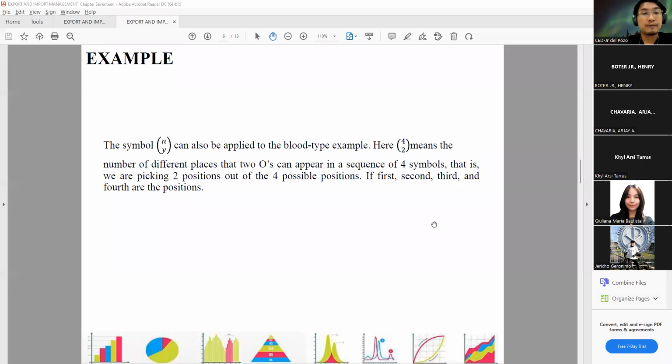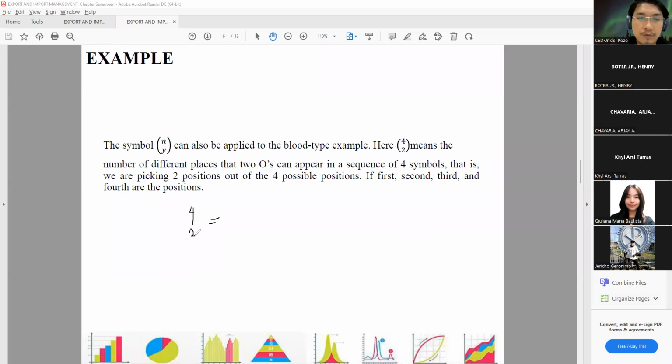So the symbol nCy can be applied to the blood type example. So yung 4C2 means the number of different places that 2 O's can appear in a sequence of 4 symbols. So, ibig sabihin yan, sa 4 na tao, ano daw yung chances na magkakaroon ng dalawang may O na blood type. Okay. So, paano natin magagawa?